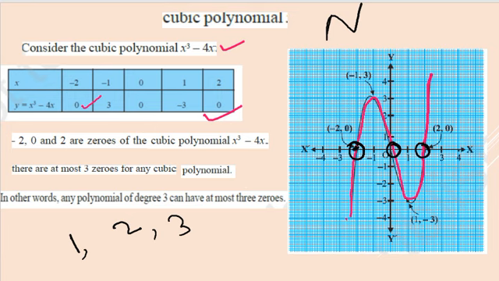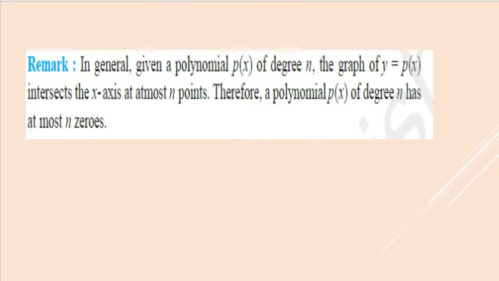Now come to the next slide. In general, given a polynomial p(x) of degree n, the graph of y = p(x) intersects the x-axis at most n points.